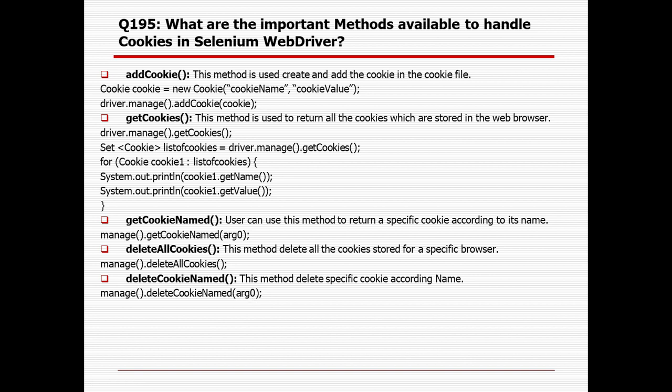In case you want to delete all the cookies, you need to use the deleteAllCookies method. It will delete all the cookies from the specific browser, whatever is already stored by you. So manage().deleteAllCookies. Those are the important methods available for handling cookies in Selenium WebDriver.